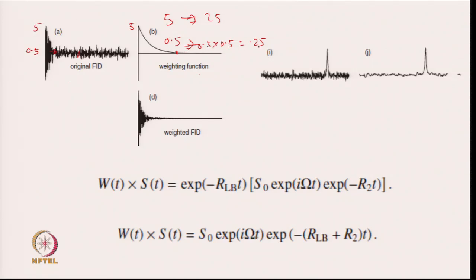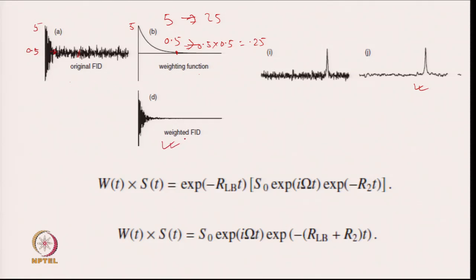And so, what you basically did is that you gave more weightage to the initial signals, whereas you are giving less weightage to the signal at the end. If you do that, you will get this signal, and your weighted FID will be, if you multiply this by this, you will get this.